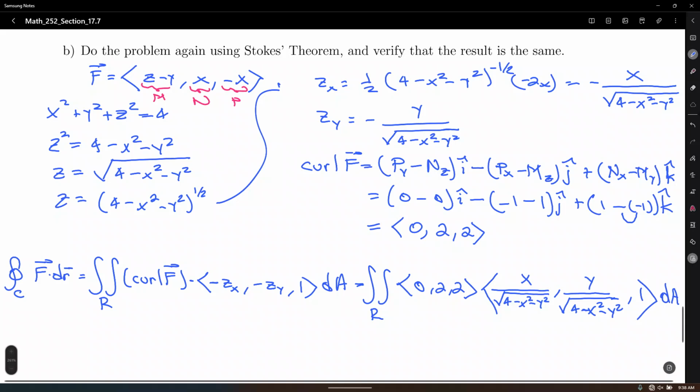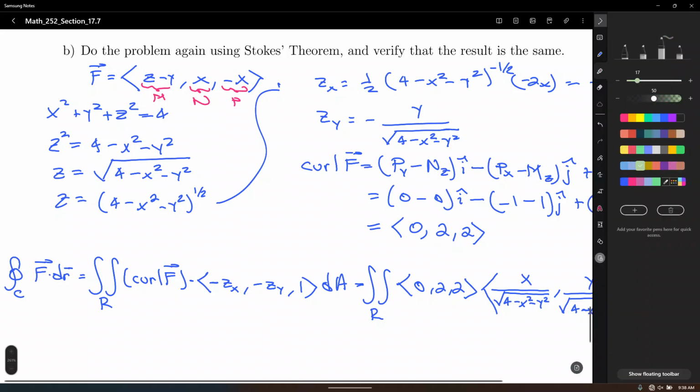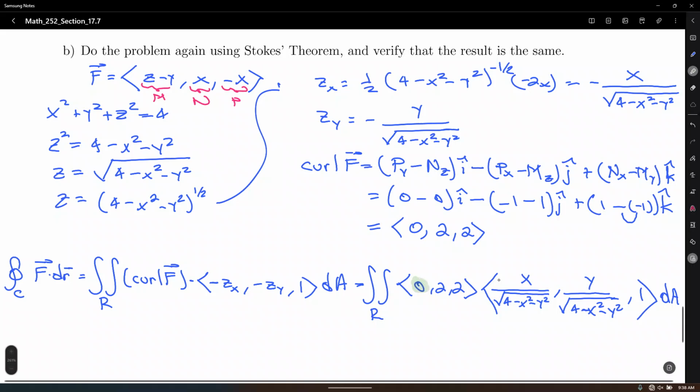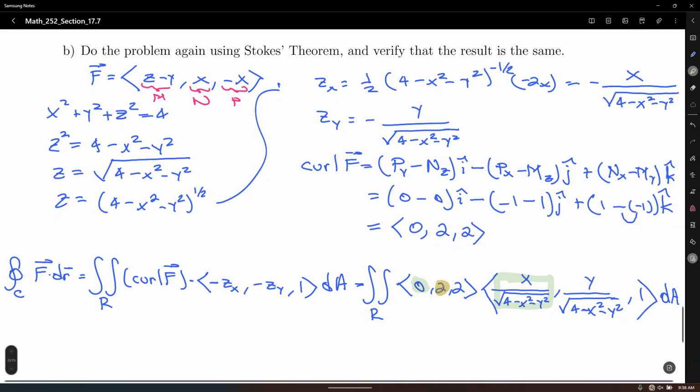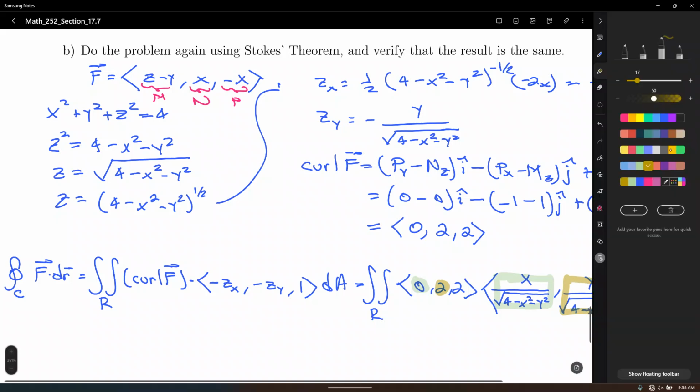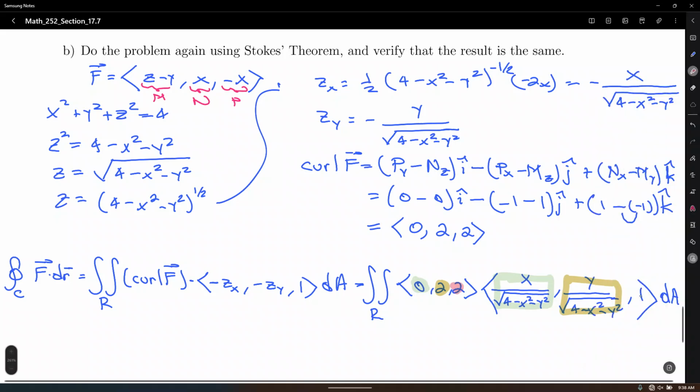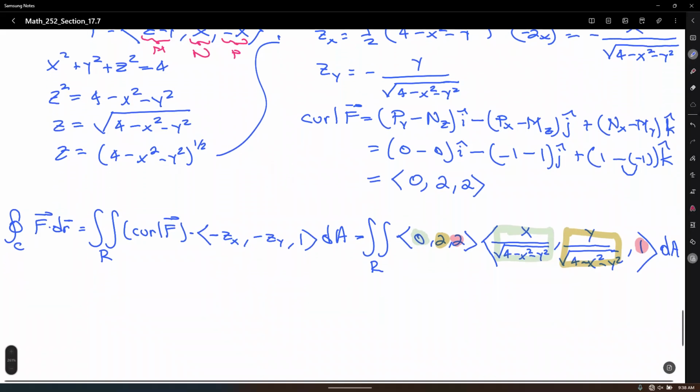The next is a huge dot product. Well, at least the first one, 0 times x. Let me color code just so we can see the different components. So 0 times this madness here, 2 times all this other madness there, and lastly 2 times 1. Multiplying the green one, 0 times whatever, it's just a 0.